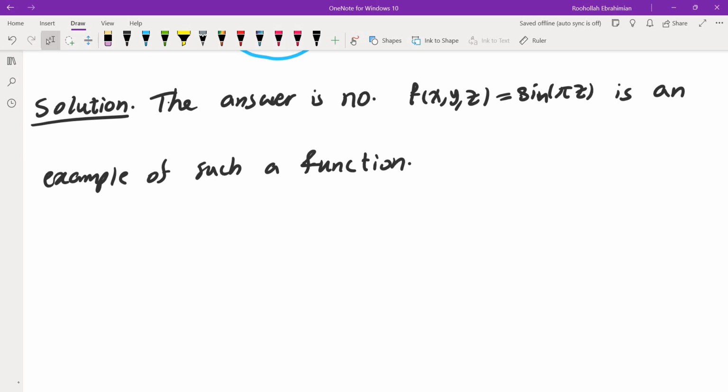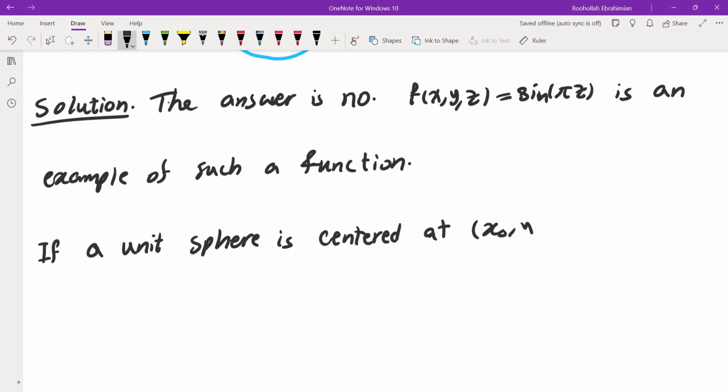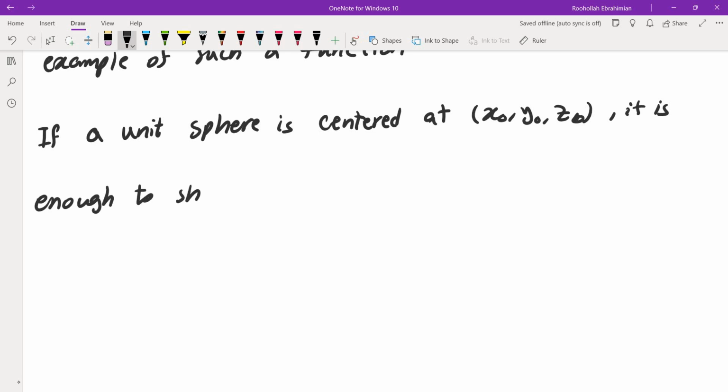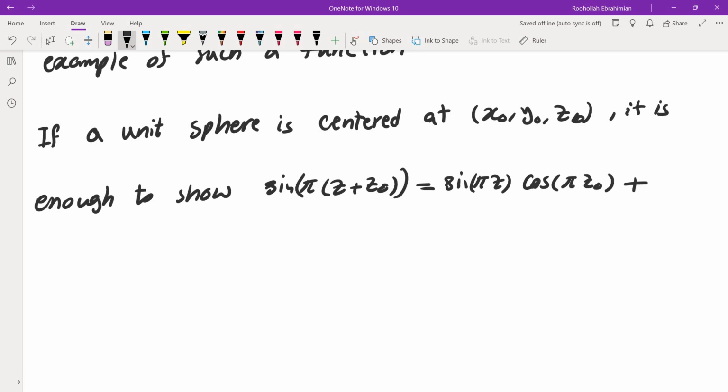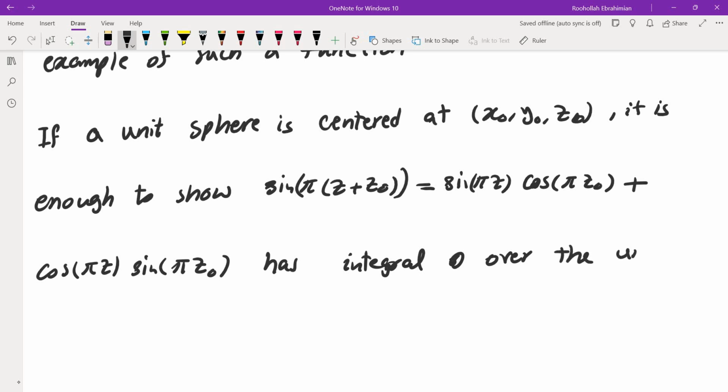If a unit sphere is centered at a point x0, y0, z0, it is enough to show that sine of pi times z plus z0, which is equal to sine of pi z cosine of pi z0 plus cosine of pi z sine of pi z0, has integral 0 over the unit sphere centered at the origin.